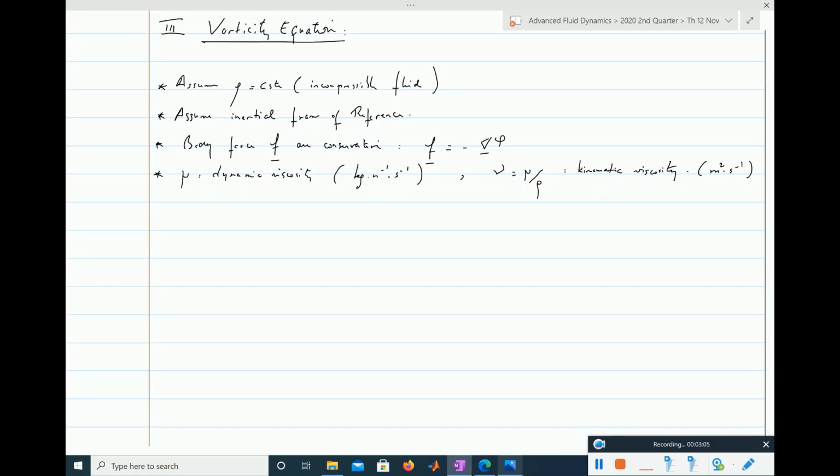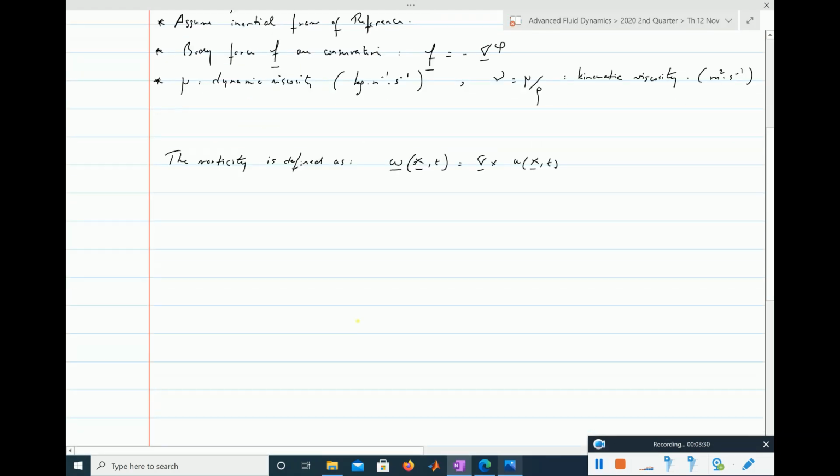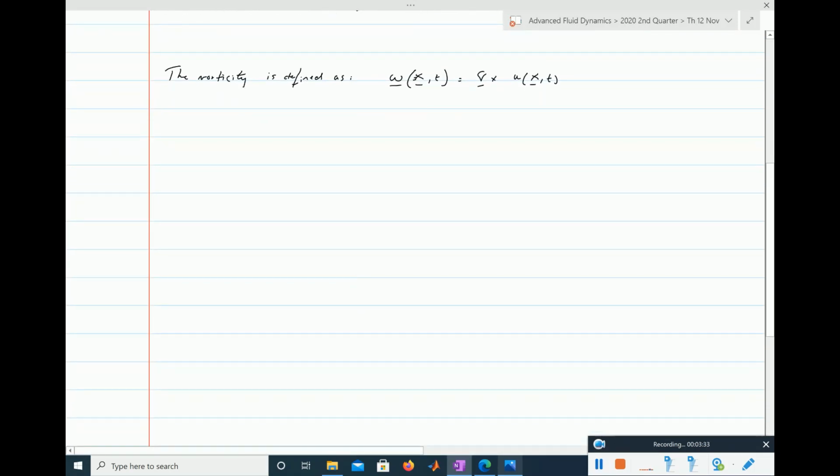Okay, now recall our definition for the vorticity. We said that the vorticity is defined as the curl of the velocity field, and we represent the vorticity with the symbol omega. We've derived before an equation for the velocity, and that is the momentum equation of the Navier-Stokes equation.